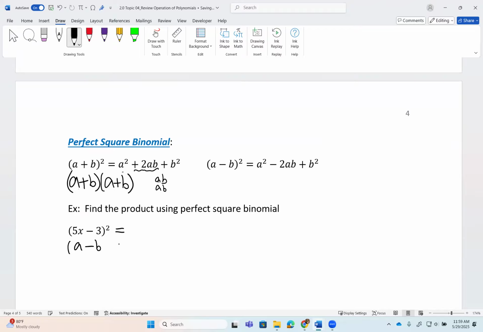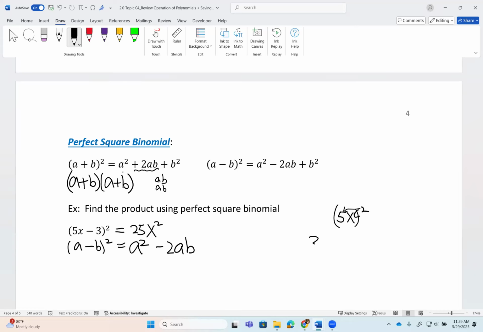A minus b whole thing squared. So my a is 5x, my b is 3. We will follow the formula. My a has to be squared, so that's my 5x, whole thing squared. So 5 will be squared, x will be squared. That's 25x squared. Minus 2 times my a times my b.